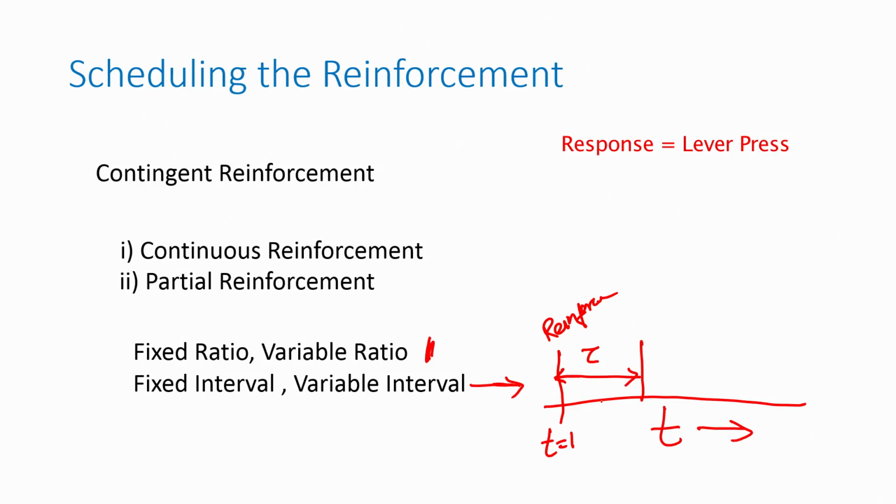The reinforcement will become ready, in other words, at time t equal to tau, and later on for all time t greater than tau, the reinforcement will be ready for the animal to perform the response and get it. Until then, even if it responds, no food; after that it has to respond to get the food. So, that is a fixed interval presentation.